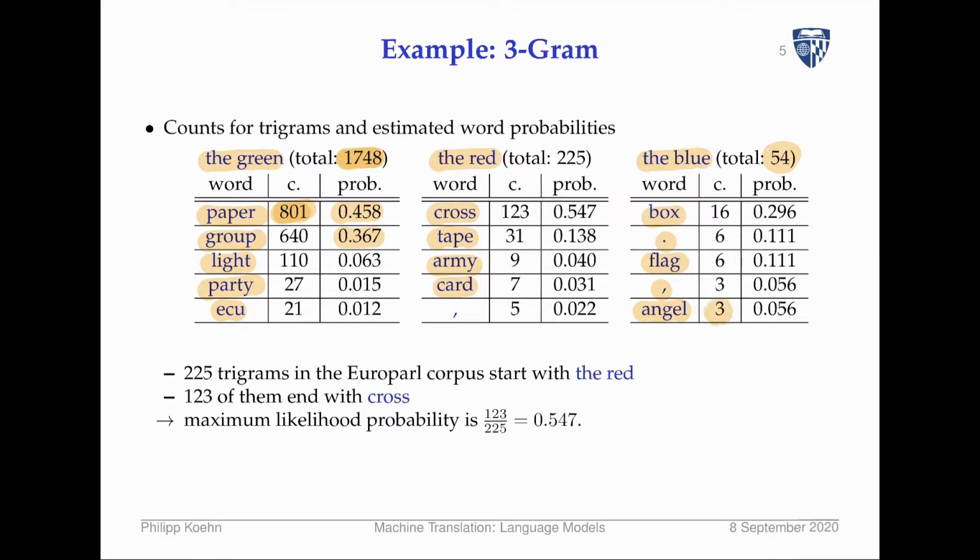So the blue angel occurs 3 times. It's still the 5th most likely n-gram. Down here you see also spelled out how we did the computation for the red cross. 225 trigrams in the European corpus start with the red, and 123 of them end with cross, and that's how you do this calculation. That's pretty straightforward.